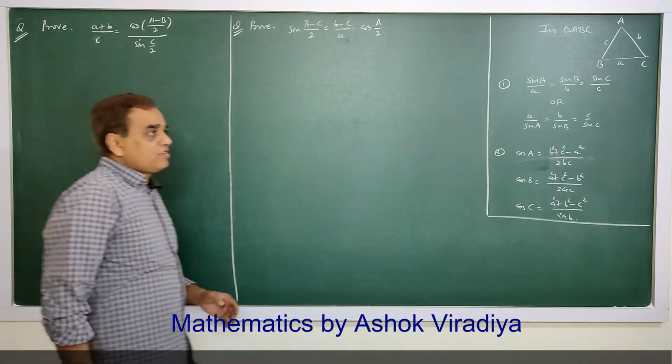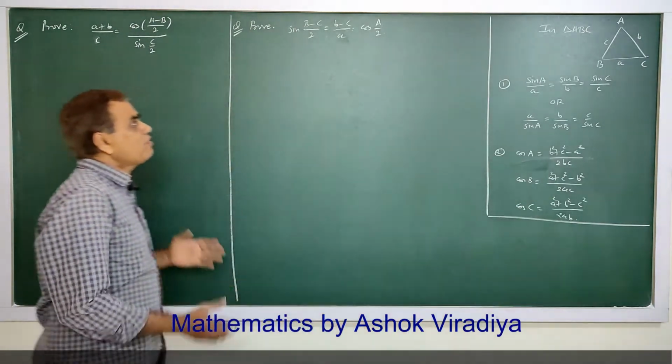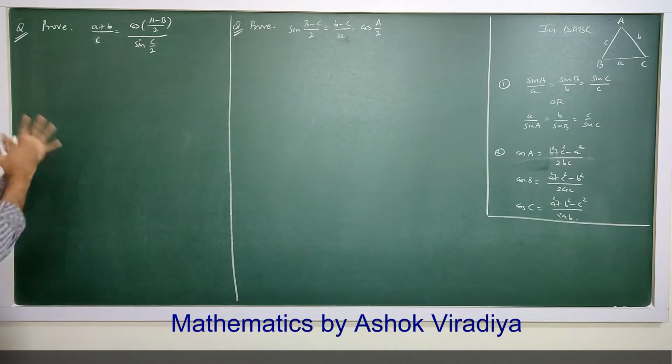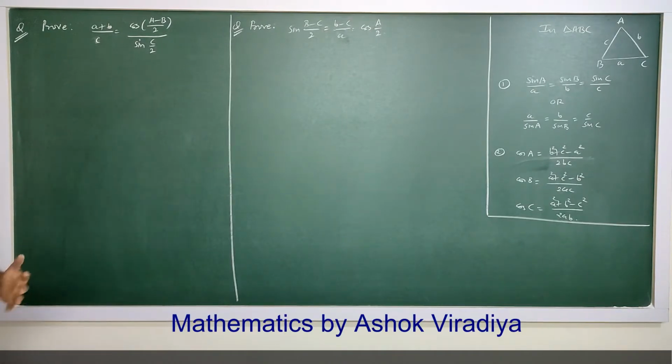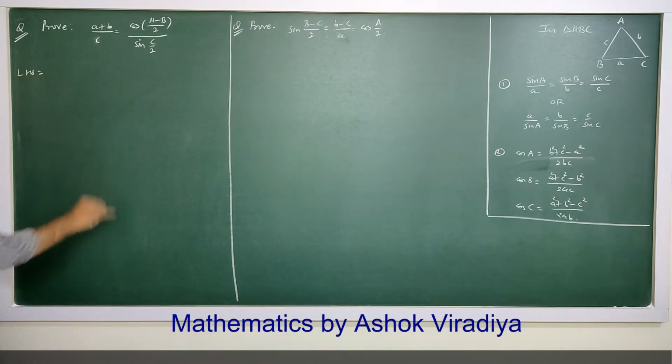Now the application of the sine rule and cosine rule in this type of problems. Prove these results using these properties. These are properties of a triangle. So we begin from the left hand side.